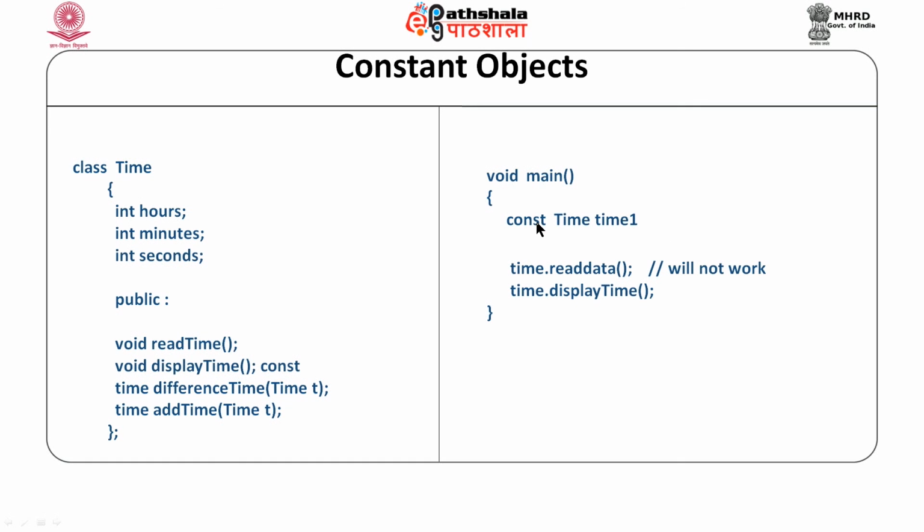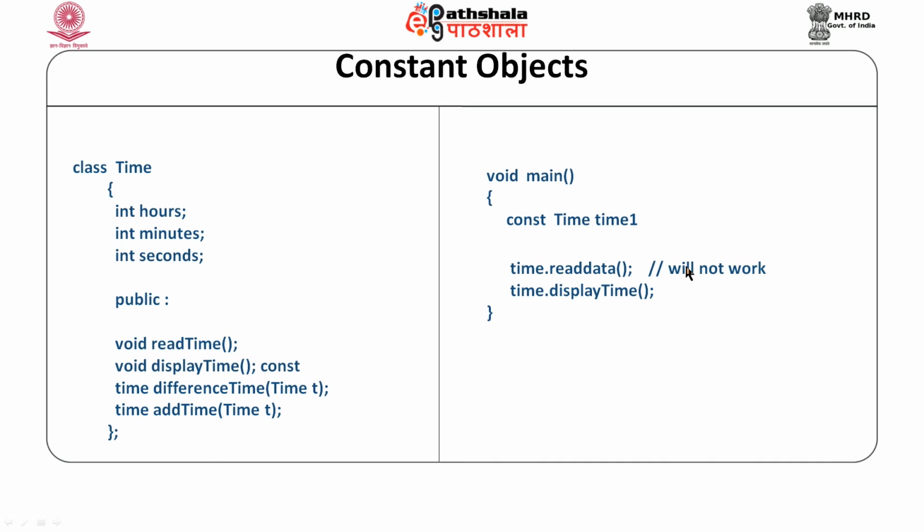Any operation that we perform on the object is through its member functions. If I define this object as a const object, when I try to invoke the read function on the time object, this will not work. Why will it not work?